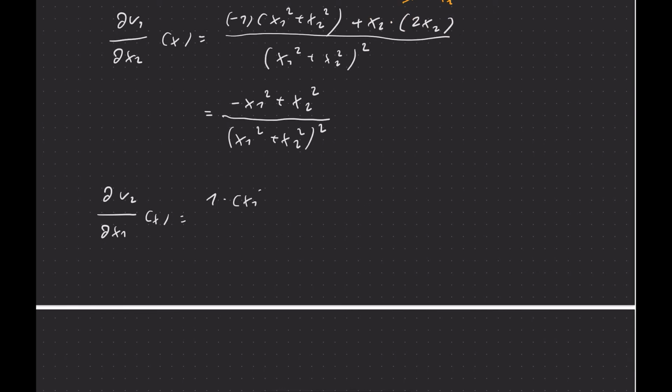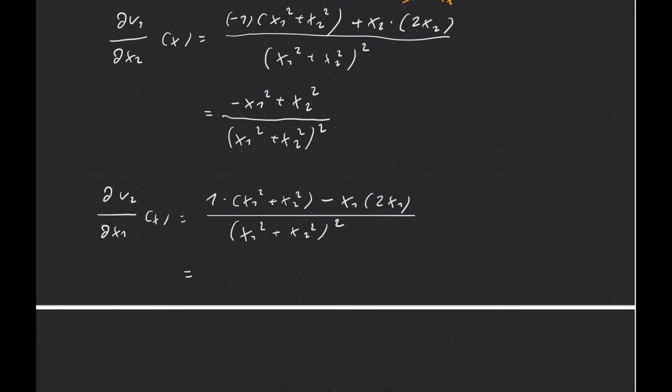And we multiply this with the denominator. And then we subtract the derivative of the denominator times x1. So here we have x1, and the derivative of the denominator is 2x1. And again, we need to divide that by x1 squared plus x2 squared, squared.